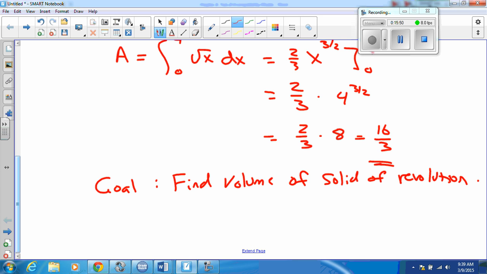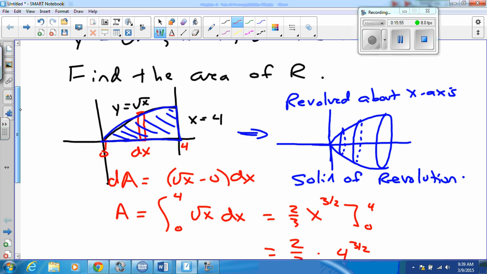Archimedes is the famous bathtub guy, right? Eureka. I figured it out. And what Archimedes did, and then later Cavalieri, and then finally calculus people adapted this, was to take our solid of revolution.